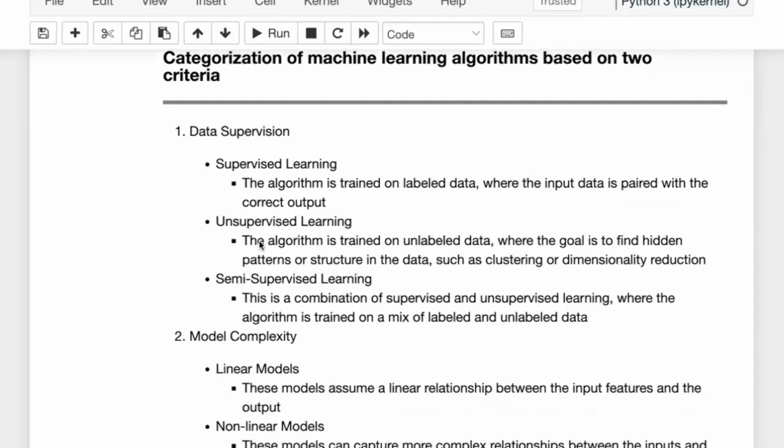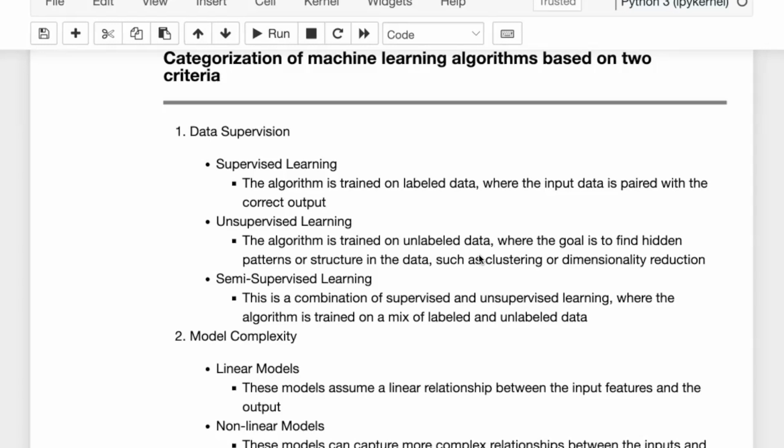The other type of machine learning algorithms is unsupervised learning. In this case, these algorithms are trained on unlabeled data. So you may have some CT scan images, and you do not know which ones are normal or abnormal. Nobody has labeled them. That's why we call them unlabeled data.